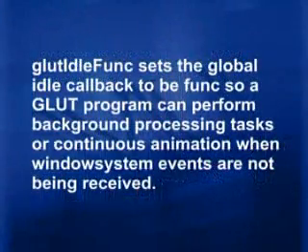No matter where we are, the global idle callback would be invoked, which would have been set as a result of glutIdleFunc. glutIdleFunc sets the global idle callback to be func, so a glut program can perform background processing tasks or continuous animation when window system events are not being received.